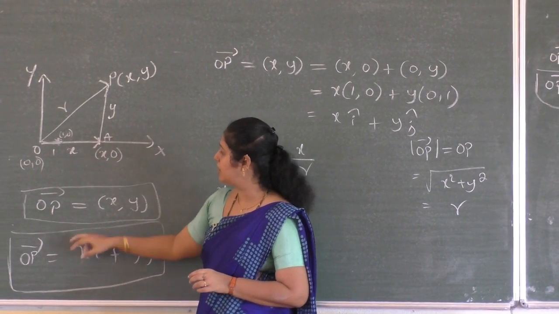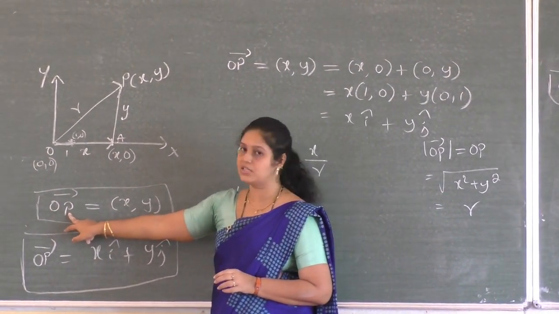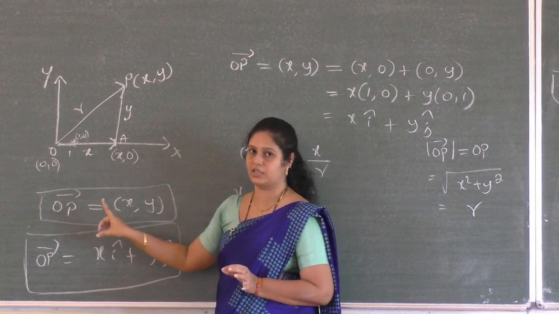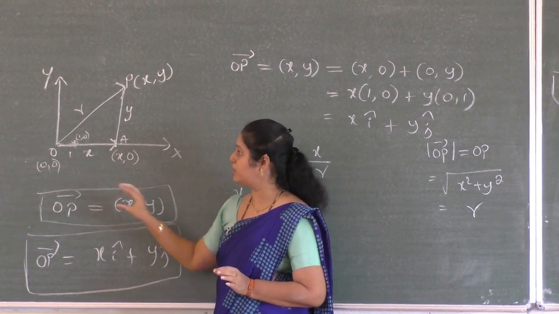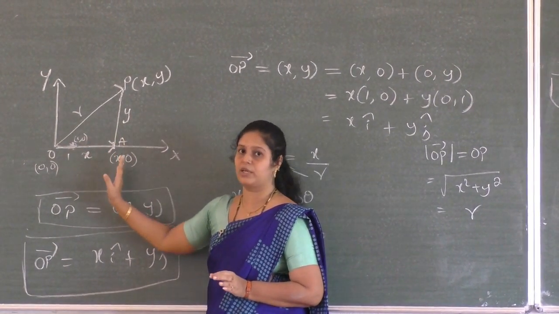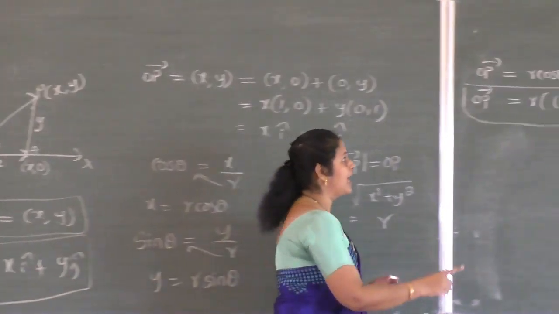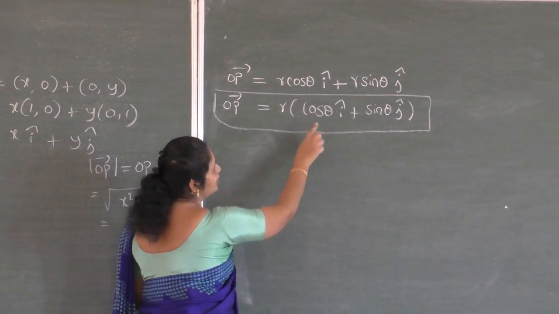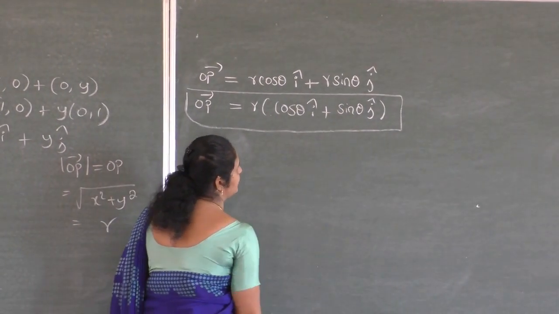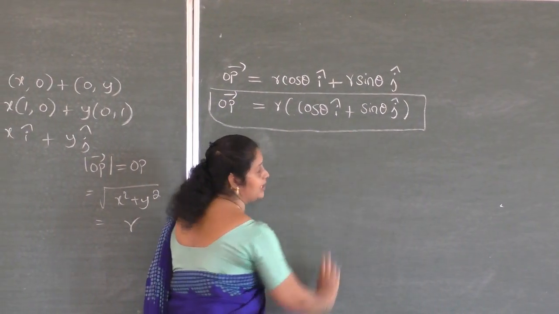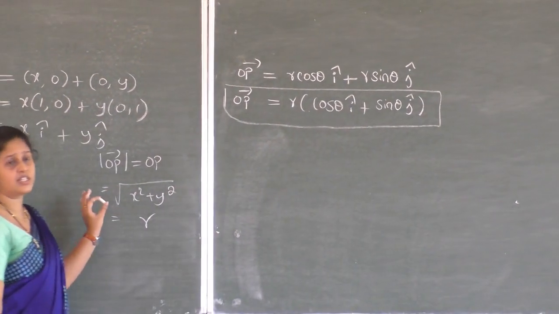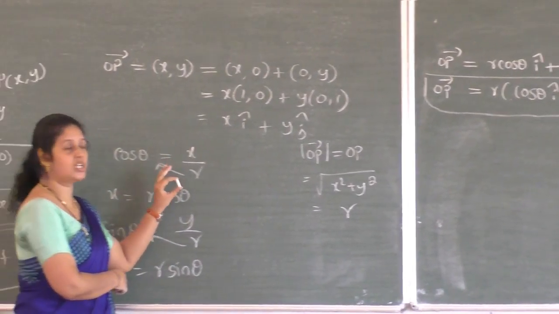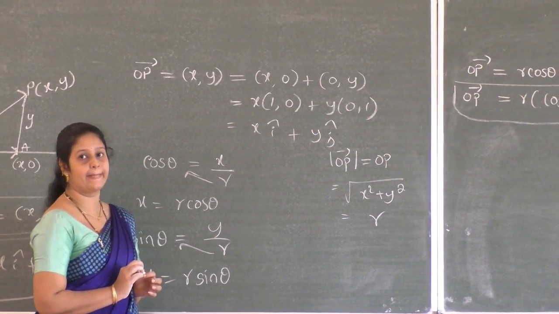That means it will become a unit vector. So when that vector becomes a unit vector, we have vector OP equal to, in the place of r we have 1, cos theta i cap plus sin theta j cap. That is a two-dimensional unit vector that we can say.